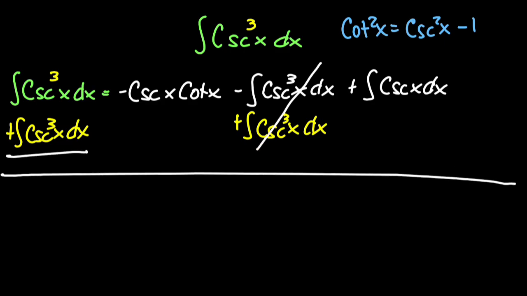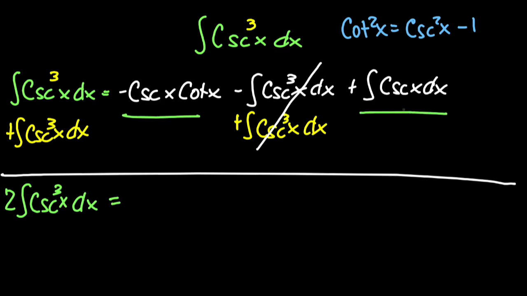And this would be equal to 2 integral of cosecant cube of x dx. This is because it's just the same term and it is addition, so just add the coefficients and copy the rest here.